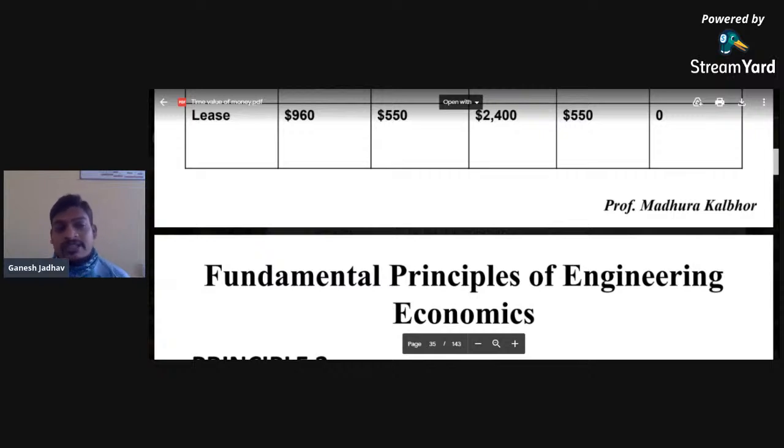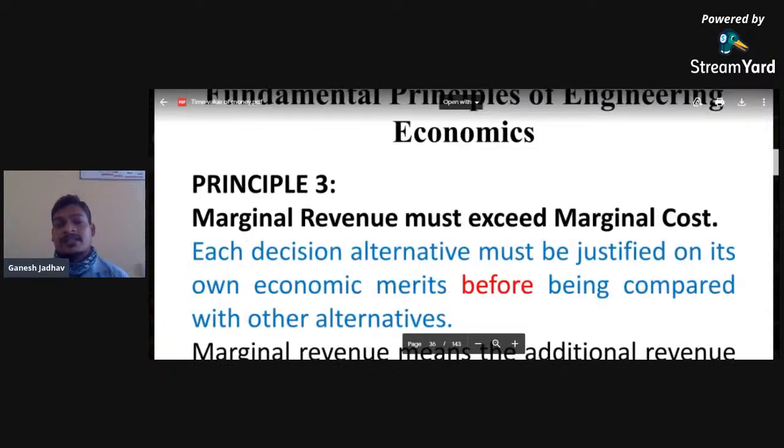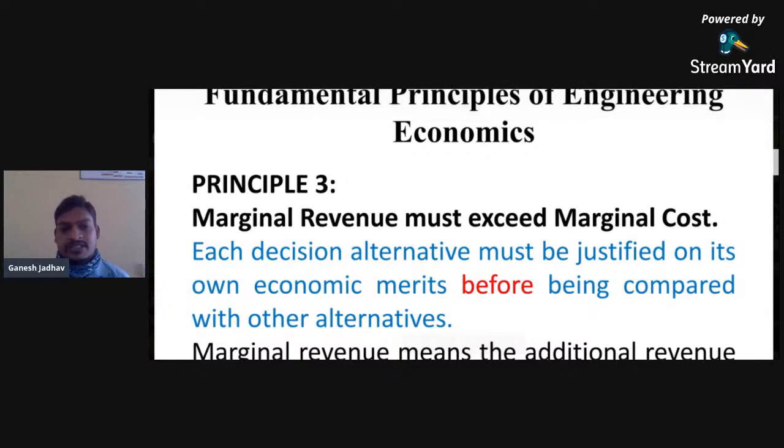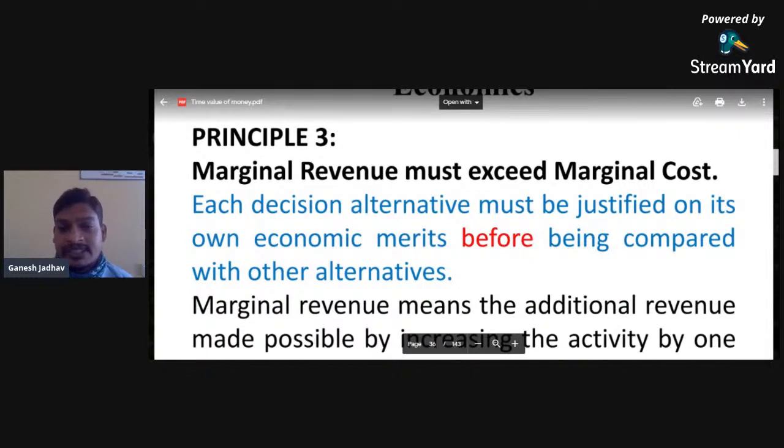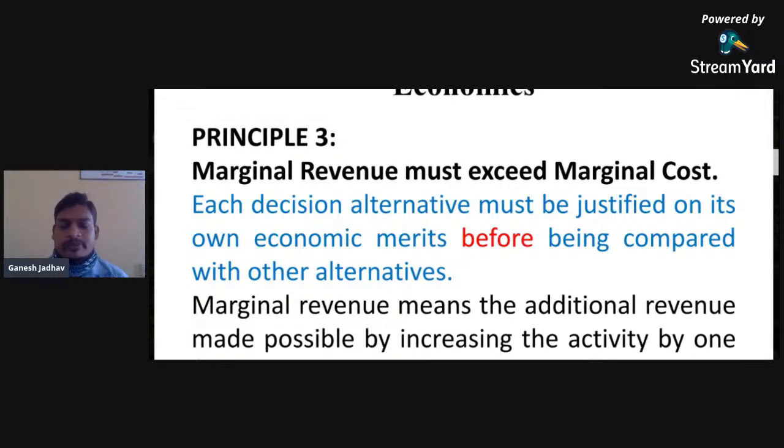Then we move toward our third principle: marginal revenue must exceed marginal cost. Revenue means the requirement we have available, the services. Each decision alternative must be justified on its own economic merit before being compared with other alternatives.